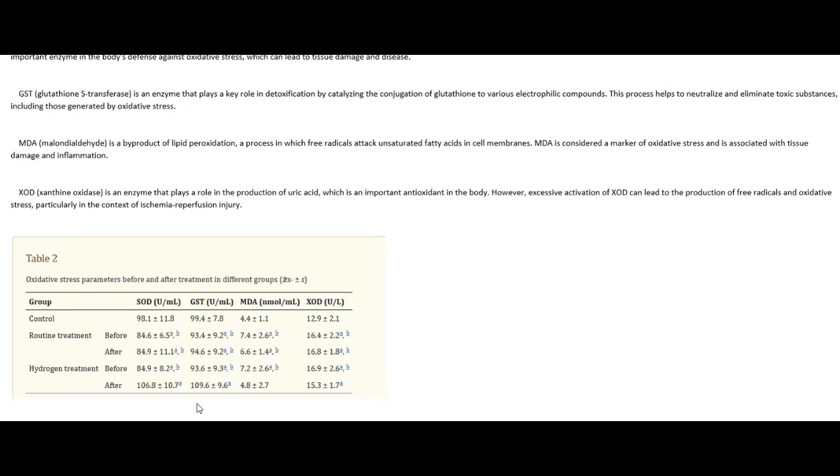And the hydrogen one, before treatment it was 7.2 plus minus 2.6, and after the treatment it was 4.8 plus minus 2.7. So yeah, considerably lower compared to the control group.